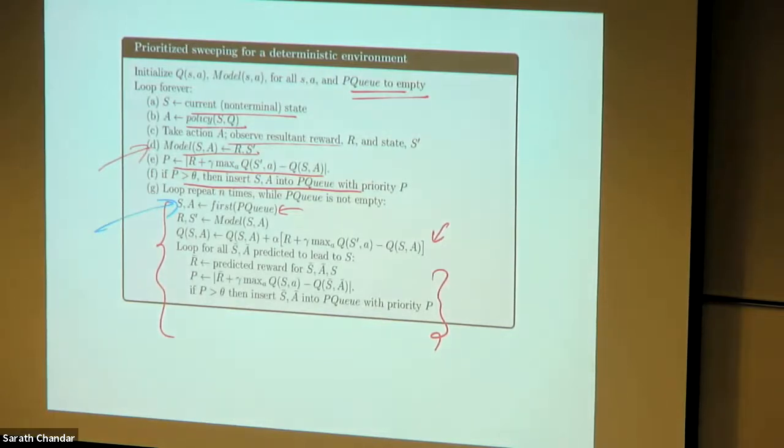Is it clear? If you do prioritized sweeping for n equal to 50, you will be updating just that part iteratively until you reach the start. On the other hand, simple Dyna-Q is not that smart. Is it clear?